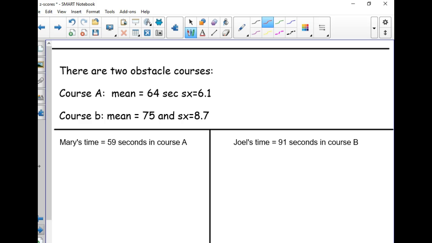Mary's time is 59 seconds in course A, and Joel's time is 91 seconds in course B. Let's find their z-scores right now, for both people. So find a z-score for Mary in course A and a z-score for Joel in course B.